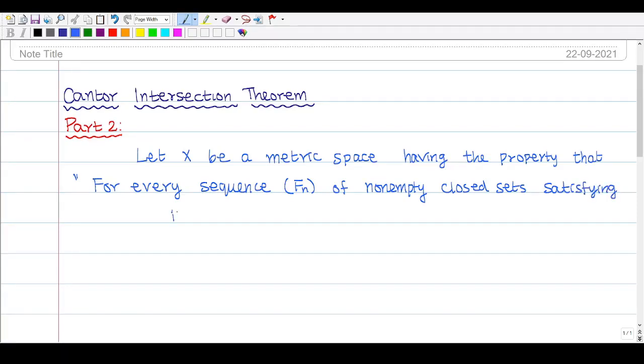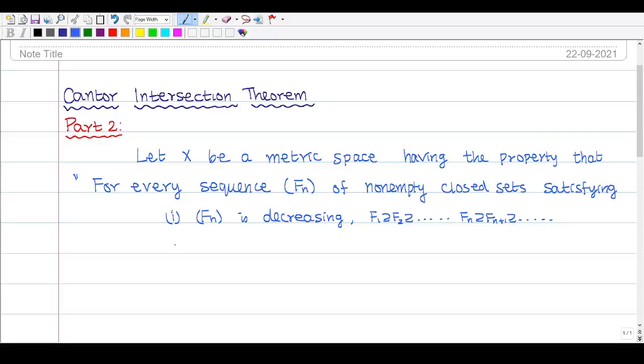One condition வந்து அப்படின்னா, this fn is decreasing. அப்படின்னா என்ன அர்த்தம்? That is, this f1 contains f2 contains, இப்படியே போய்கிட்டே இருக்கும். ஸோ fn அப்படிங்கிற செட்டுக்குள்ளே fn plus 1 which contains அப்படி போய்கிட்டே இருக்கும். So this is the first statement.